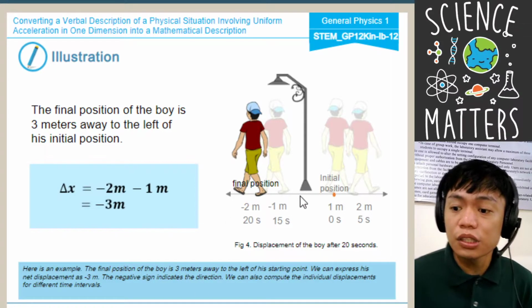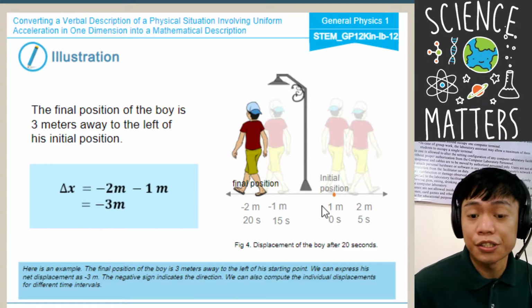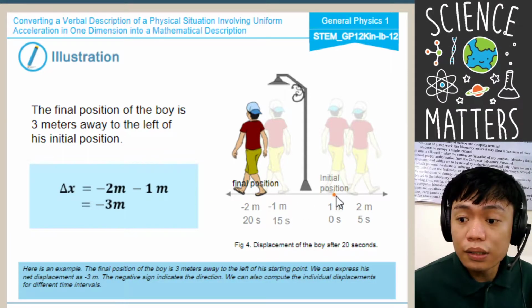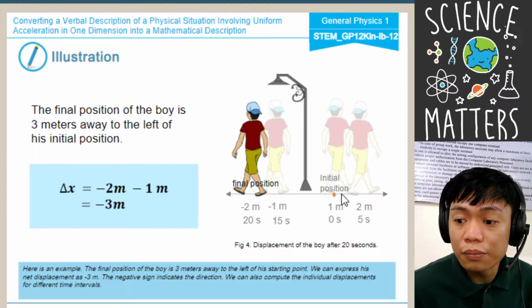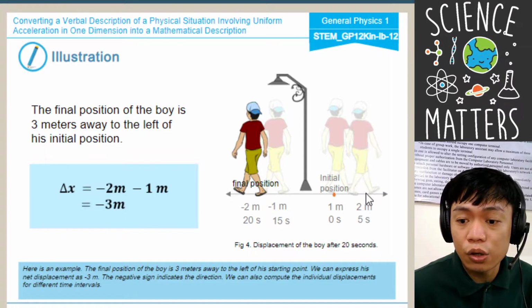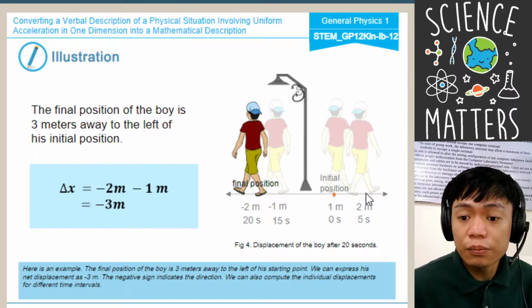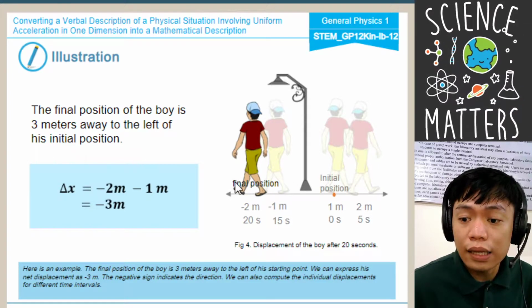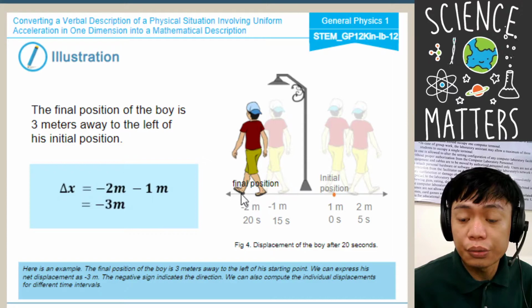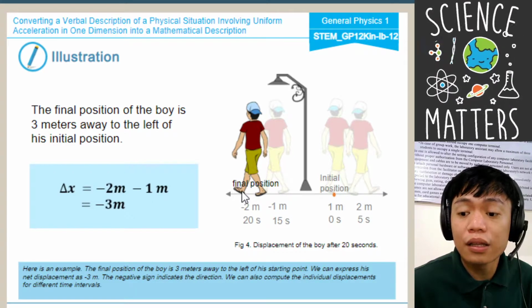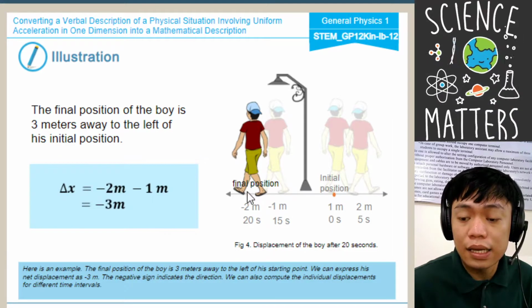The initial position of the boy is 1 meter, going towards that direction, with 5 seconds as its time. Now, nag-move siya towards that, ang final position niya is negative 2 meters, with 20 seconds as its time.